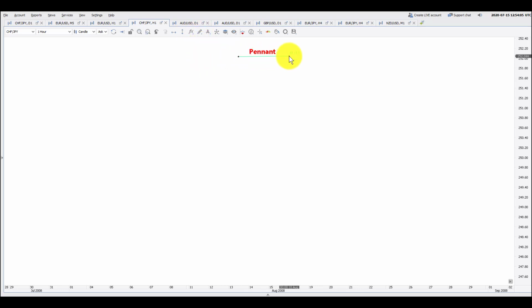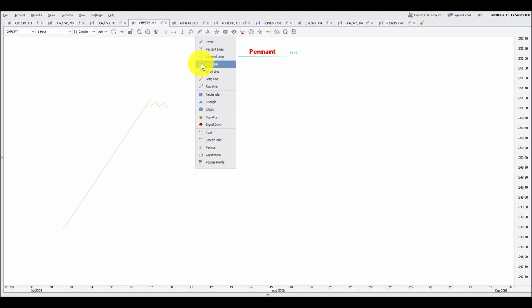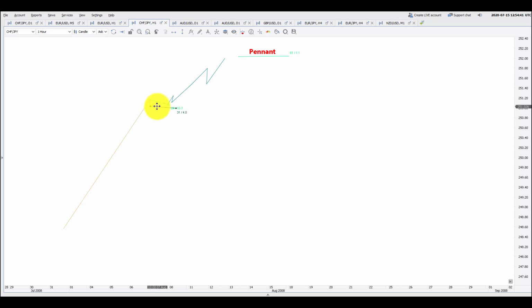If I am talking about pennants, that means if there was a sharp move, if there was an uptrend, then there will be a small formation like this, which will be for a very small duration, and then after this the trend will continue in its own direction. Like this. So this small pattern here refers to a pennant, but this is just a general idea. How this pattern is formed, that is what we are going to see.